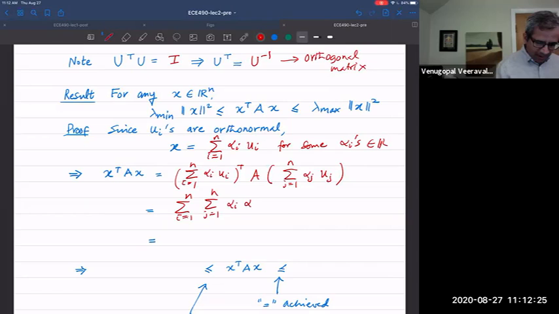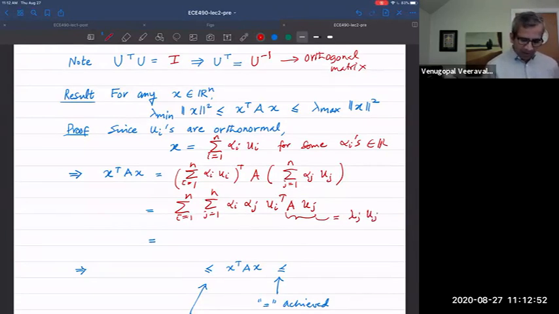Alpha i, alpha j, and u_i transpose A u_j. Okay. Now, if you look at this thing here, by the definition of an eigenvector, this is equal to lambda j times u_j. But the u_i's are orthonormal.